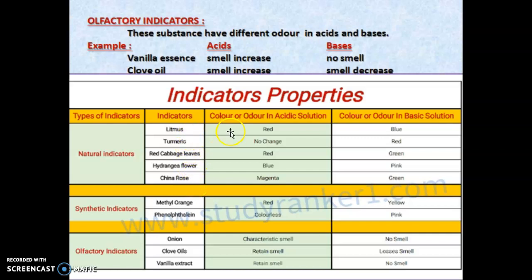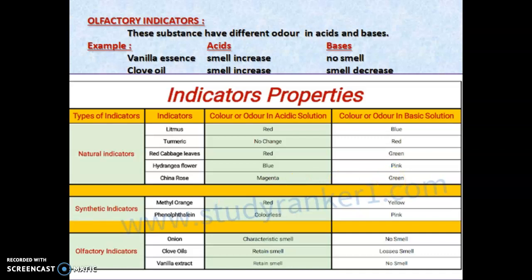Litmus turns red in acid and blue in base. Turmeric shows no change in acid and turns red in base. Red cabbage leaf is red and green. Hydrangea flower is blue and pink. China rose is magenta and green.